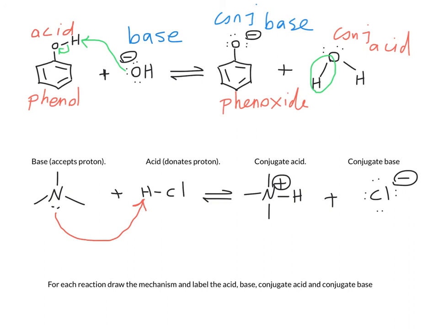And now the bond between hydrogen of the acid and chlorine will break, and both electrons will collapse on chlorine. So here you can see the new bond that forms between nitrogen and hydrogen, and chloride forms, which is the conjugate base of HCl acid.